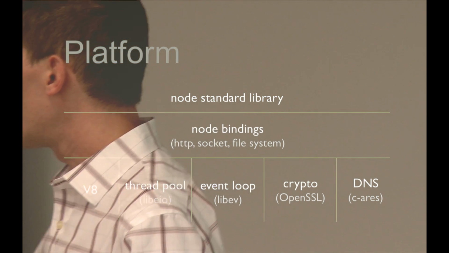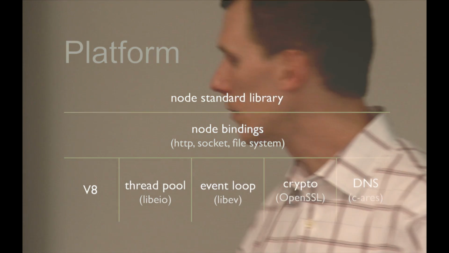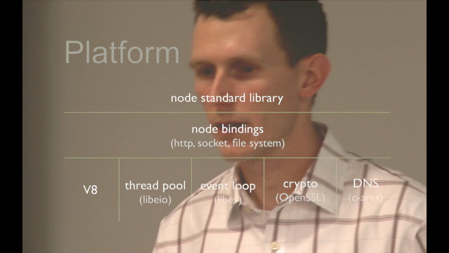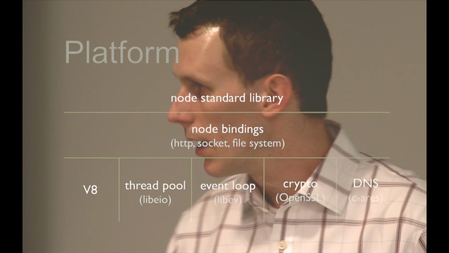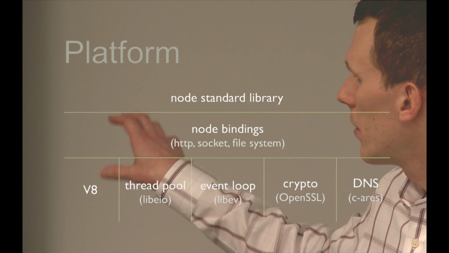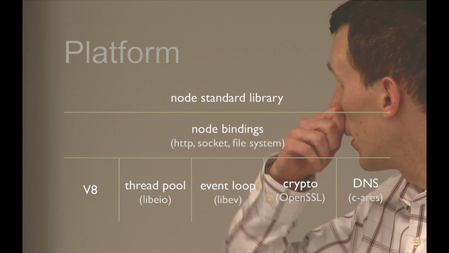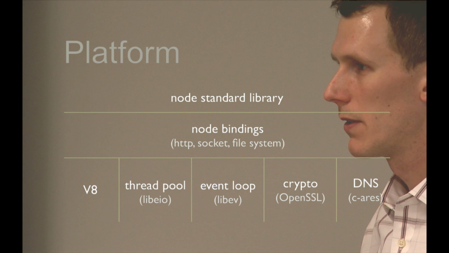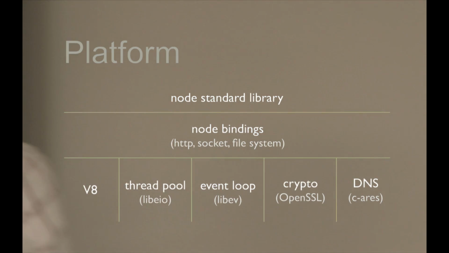The thread pool is a library called libeio. The event loop is libev, and then it uses OpenSSL for crypto, and DNS is a c-ares library. Some of those are dependencies that Node hasn't written, and there are bindings to those things. So basically, you might have crypto operations where there's a native binding to the OpenSSL crypto that you can leverage in Node standard library JavaScript.